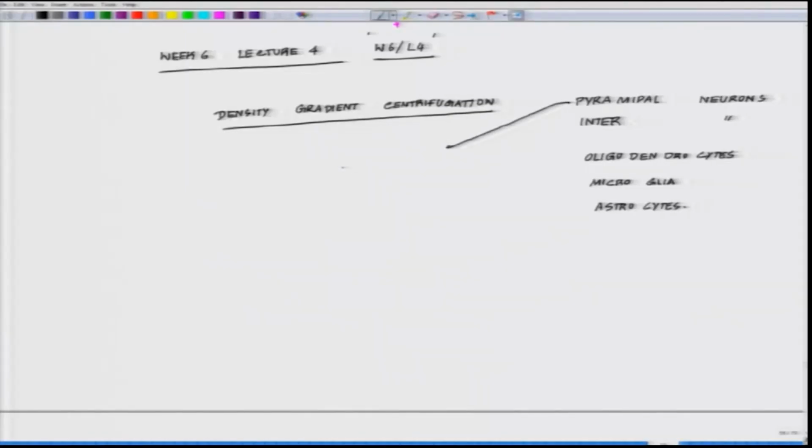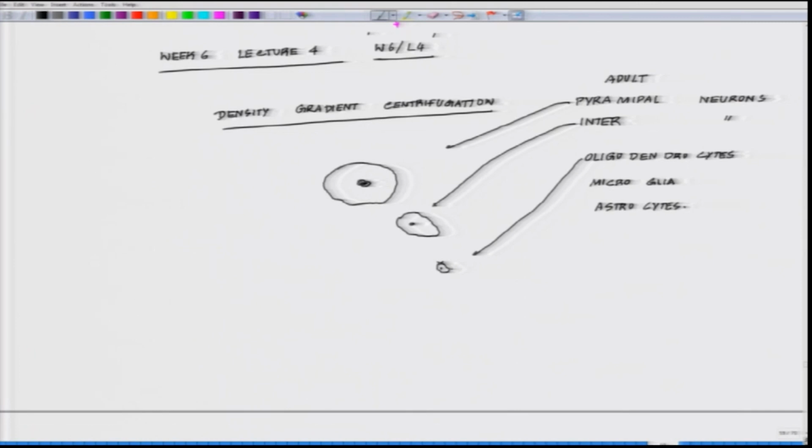Say, for example, the pyramidal neurons after dissociation, if it is an adult, will have lost all its processes, so it will look something like this. An interneuron, on the contrary, will be slightly smaller, whereas the oligodendrocytes will be far smaller.